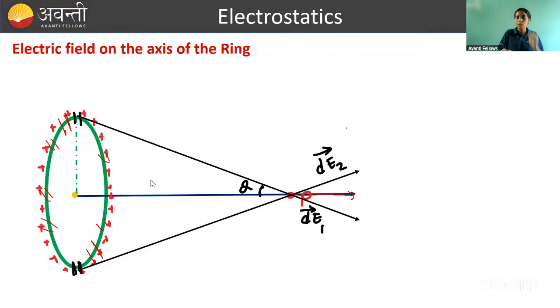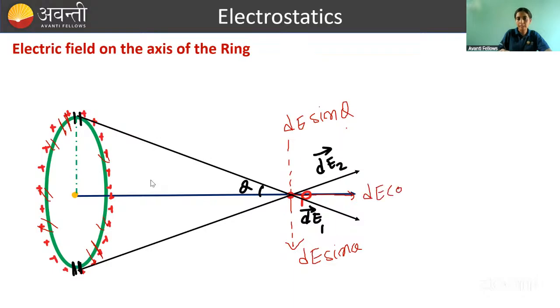Okay? So what does it mean? It has a simple meaning: for all such symmetrical elements, dE sin theta will get cancelled with another dE sin theta, and dE cos theta will get added. So if we have to calculate the electric field because of the whole ring, then we need to add dE cos theta.